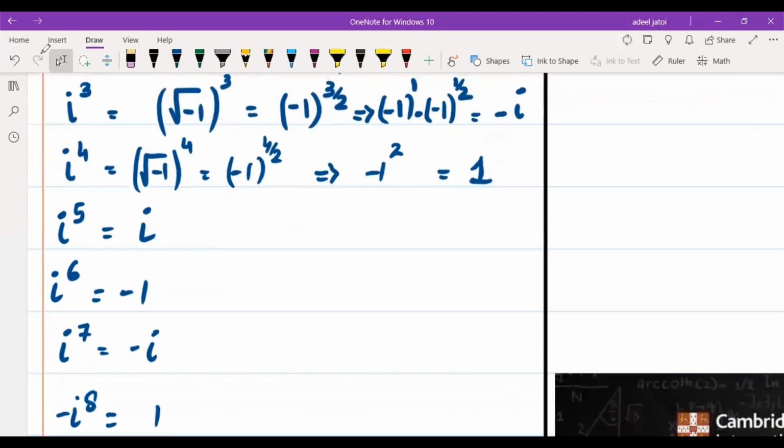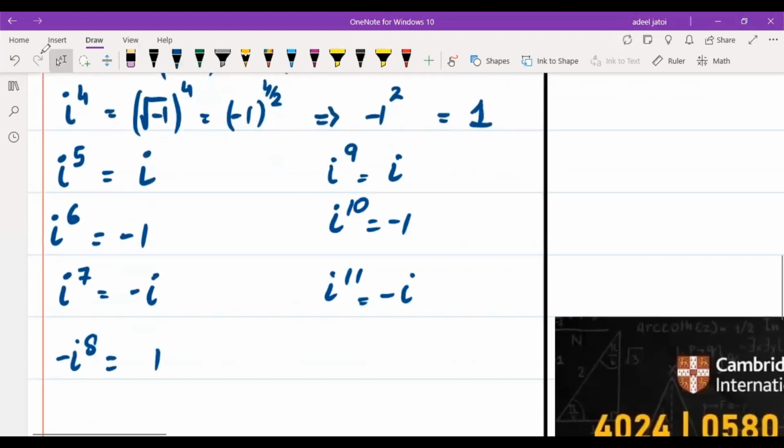Then again, iota to the power 9 will be iota, iota to the power 10 will be -1, iota to the power 11 will be negative iota, and iota to the power 12 will be 1.